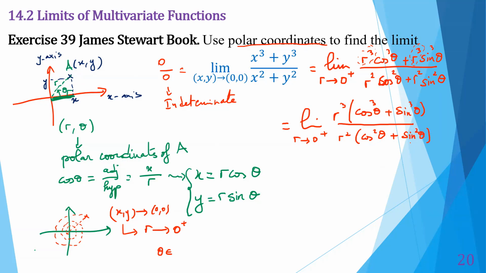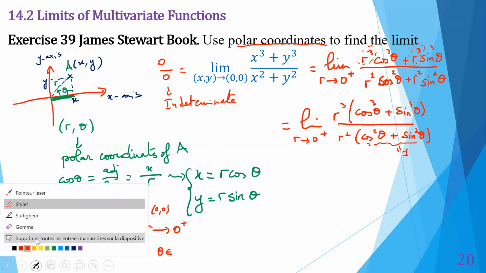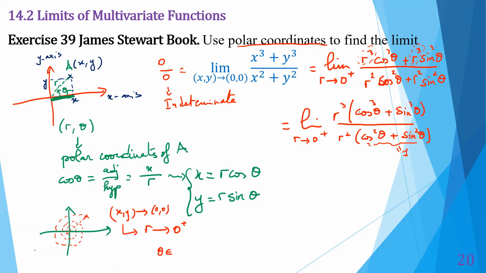What do you think about cosine squared plus sine squared of the same angle theta? This is 1. This is Pythagoras. And we have r cubed over r squared. Can we simplify? Cubed with squared leaves 1 only.